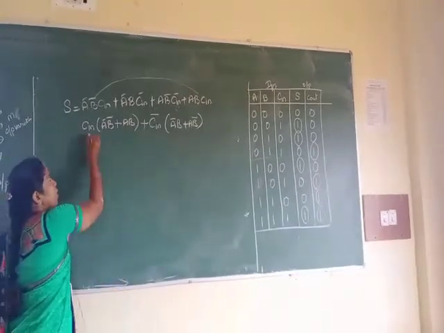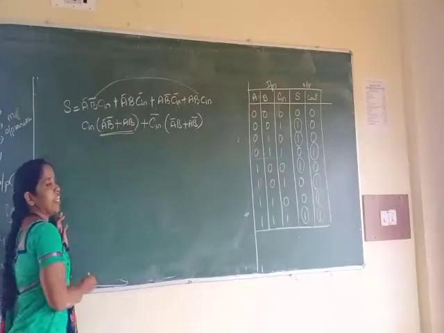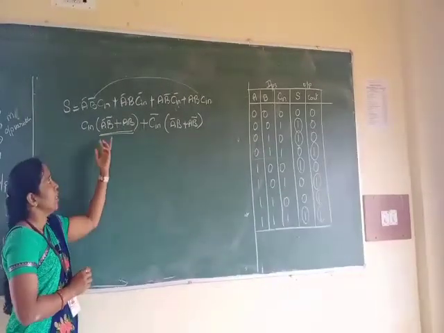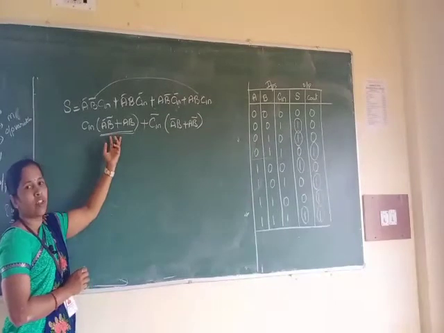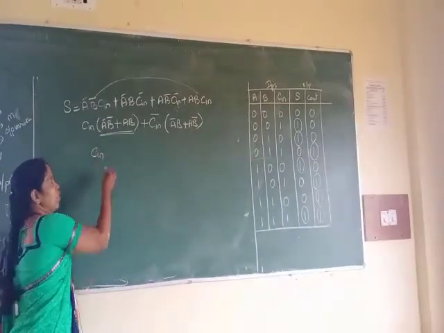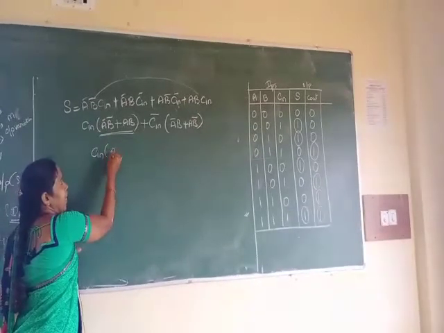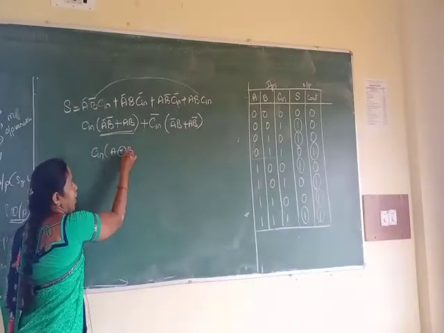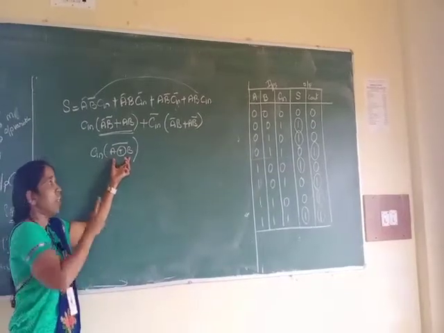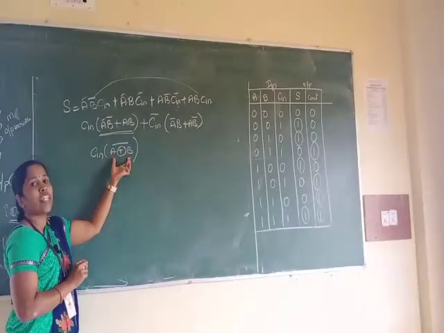Now if you observe this expression, while explaining XNOR gate, in that case we have used XNOR gate. So C in, within the brackets here A, B, so this is XOR. For that complement, that is nothing but XNOR gate.